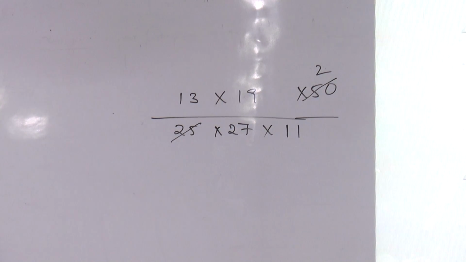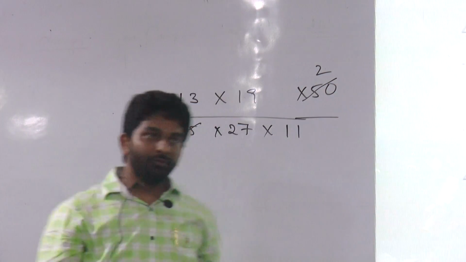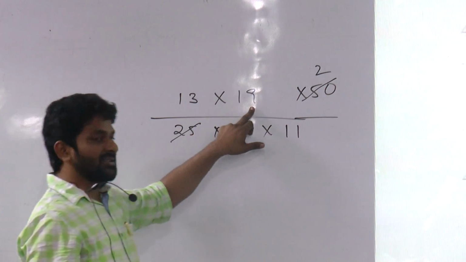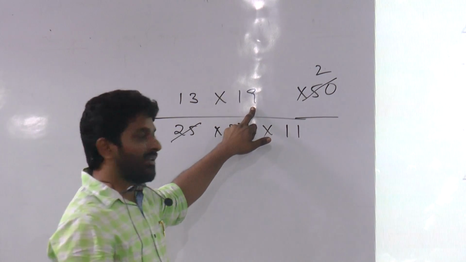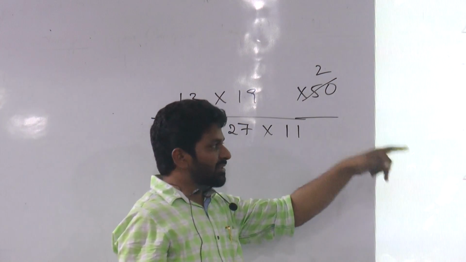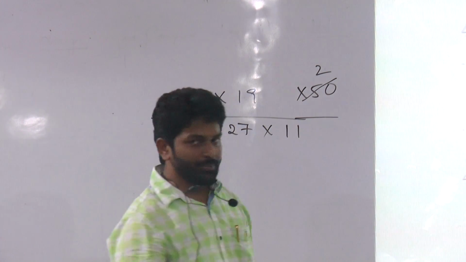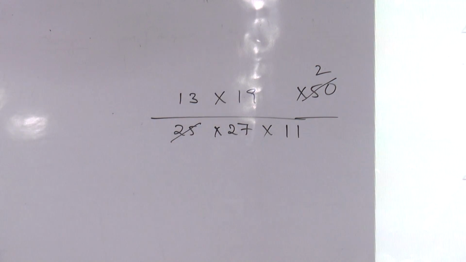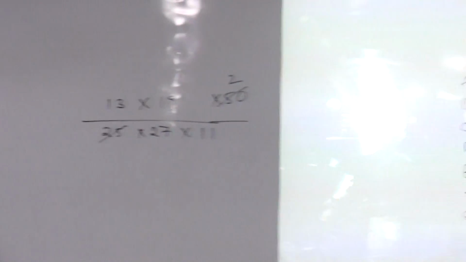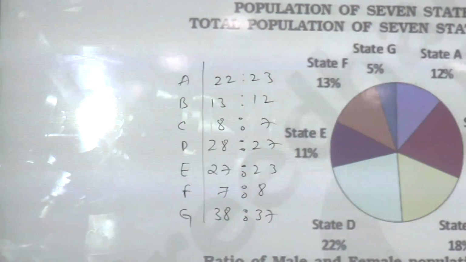No need to multiply everything. Just go for last digit verification. 9 3s 27, last digit 7. 7 2s 14, last digit 4. 4th option. No need to calculate the entire value. Don't do that.